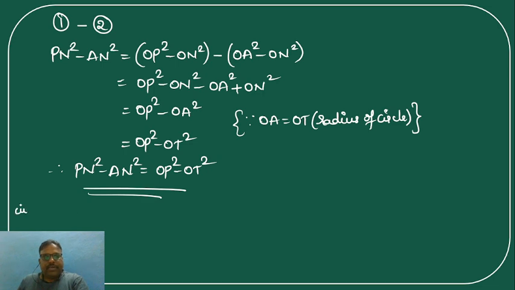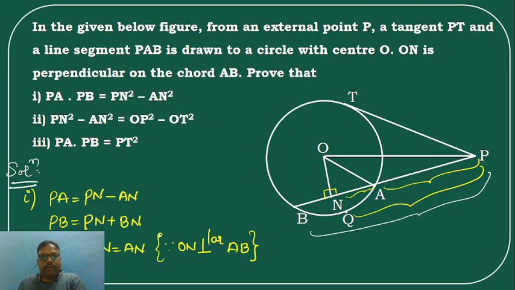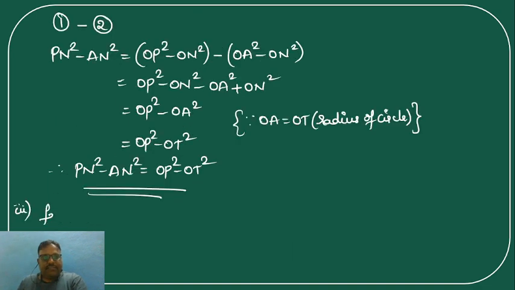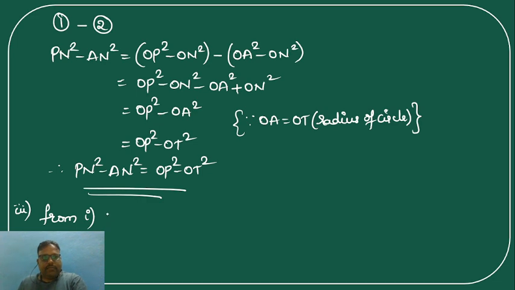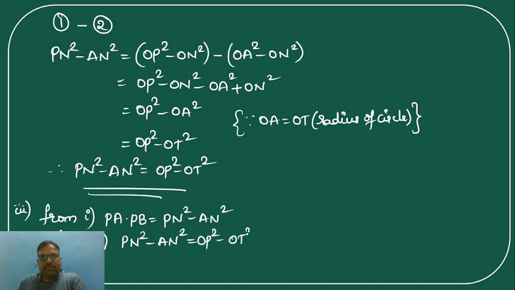Now let us go to the third condition. First let us see what I have to prove: PA into PB is equal to PT square, right? From the first condition we got that PA into PB is equal to PN square minus AN square. From the second condition we got that PN square minus AN square is equal to OP square minus OT square.